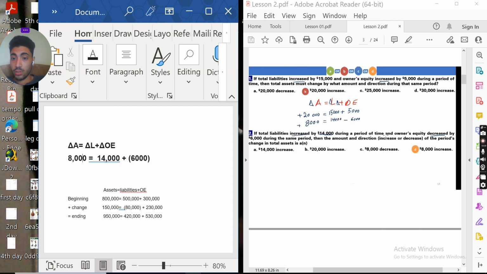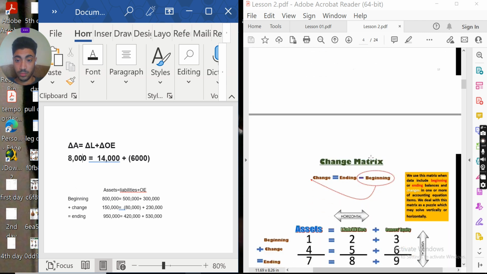So what we have now, let's complete reading the question, please. Equity decreased by 6,000 during the same period. Then the amount and direction, increase or decrease, of the period's change in total assets is a 14,000 increase, 20,000 increase, 8,000 decrease, 8,000 increase. Yeah, because it's positive, we will choose 8,000 increase.